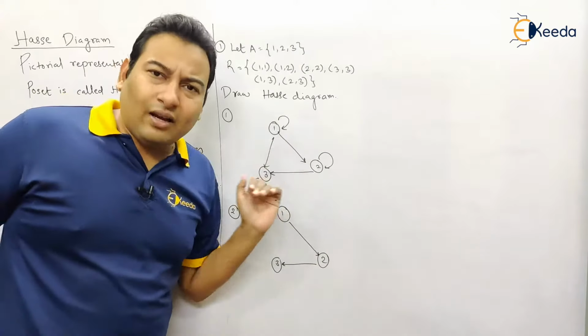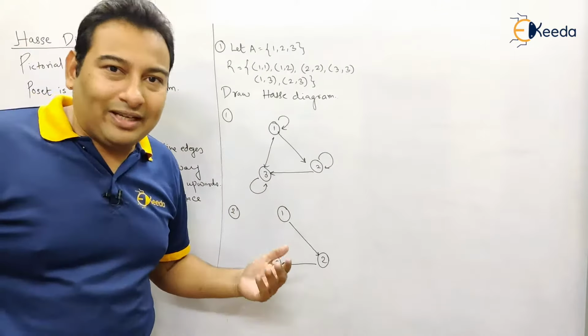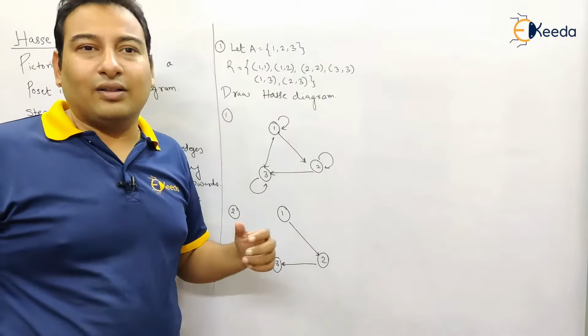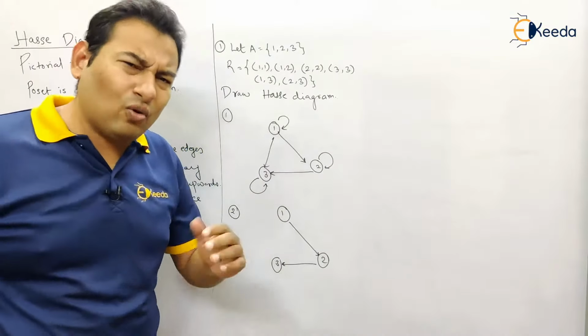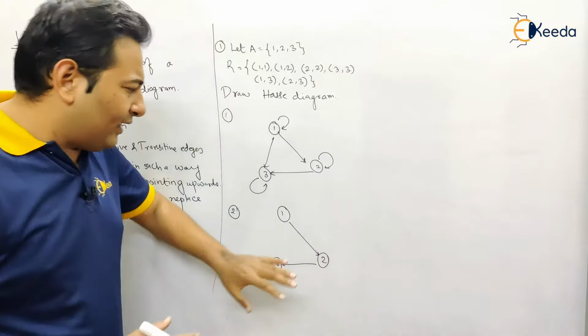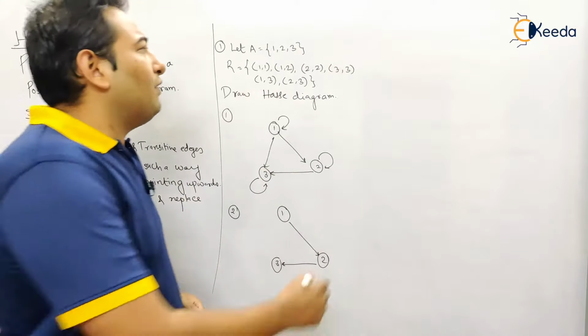Try doing this in rough work first, because once you remove, there is a possibility that you are left with a few transitive edges, or that you haven't removed properly. So do it in rough work. If you got it correctly, you can draw it here. Once we are done with this, let us move on to the next step.